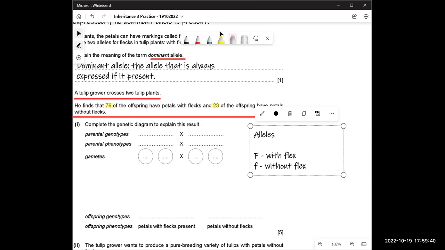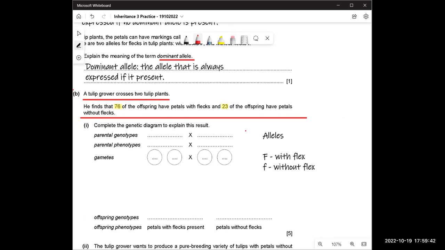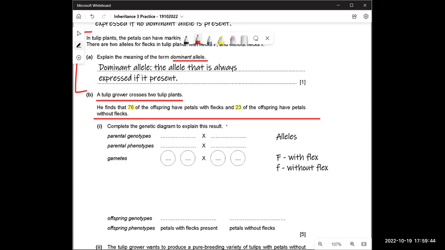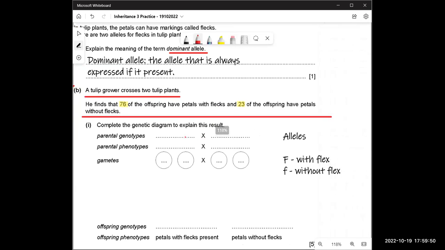Now I need two parents. Which kind of cross gives me a 76 to 23 ratio? The possibility is only if I have capital F small f with capital F small f.